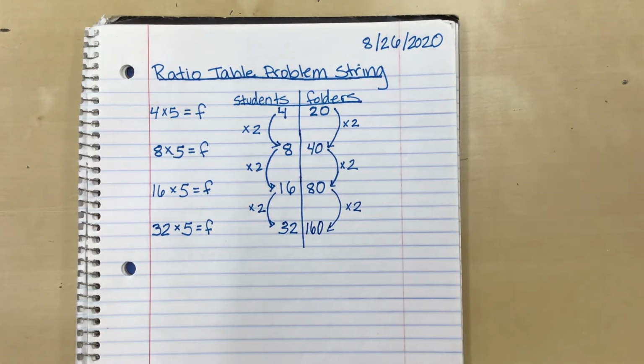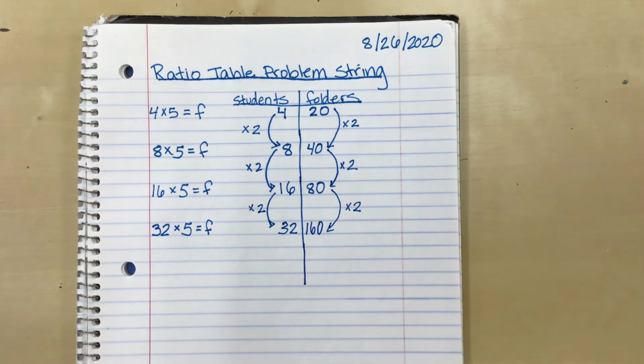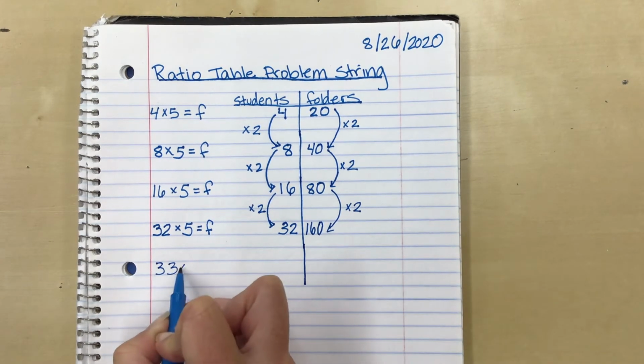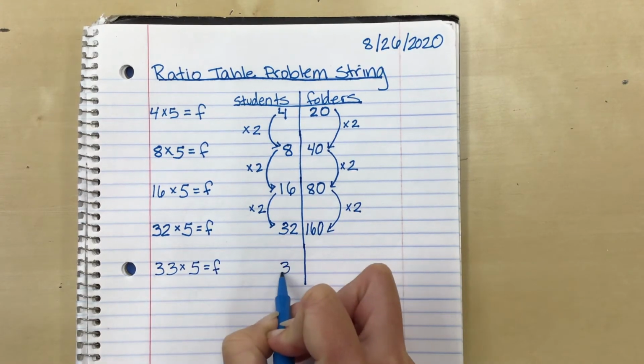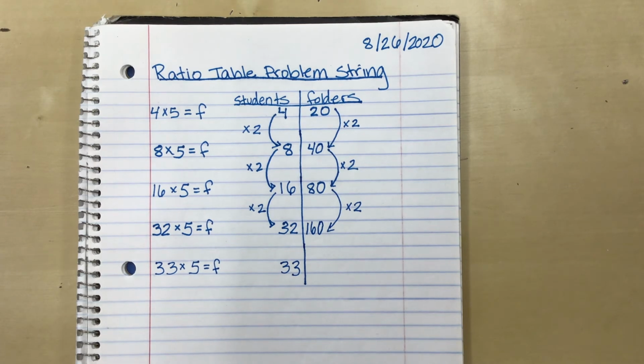Wow. Okay, now I'm going to mix it up. And instead of saying 32 times 5, I'm going to say 33. So how could you, using this ratio table, move from 32 times 5 to 33 times 5? We're not going to double it again. That wouldn't make sense.